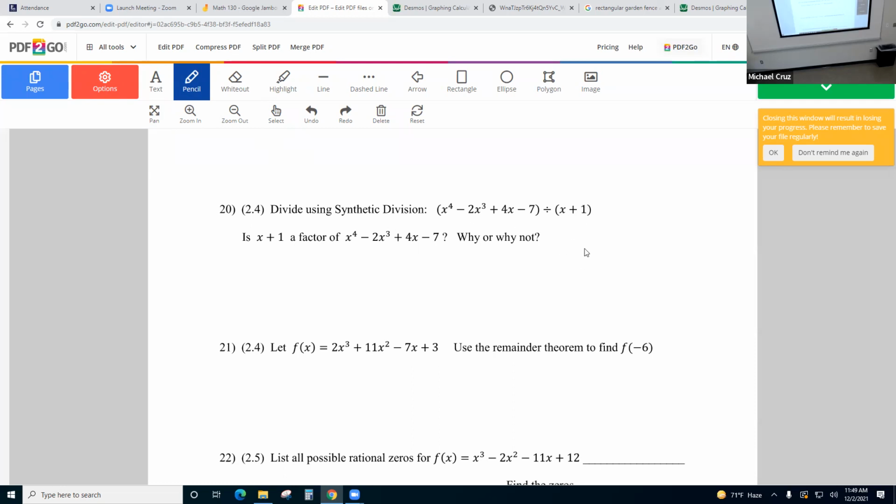So what we got to do on this one is use a -1 there. If it were x minus 1, then we would use a 1. But x plus 1 is equivalent to x minus a -1. We got to make sure there's no gaps, in other words, no missing x terms. If there is, we got to put a 0.